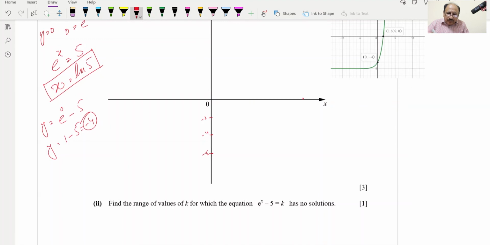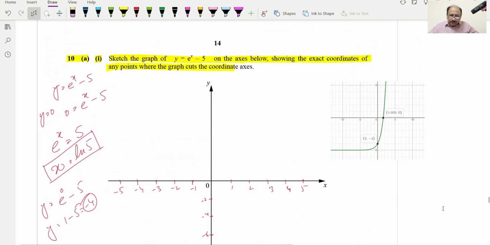Similarly, we can take the negative values also: minus 1, minus 2, minus 3, minus 4 and minus 5. On the y-axis, basically there's no y-intercept, so I'm not taking that one.